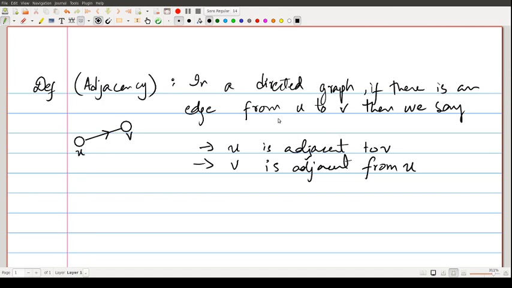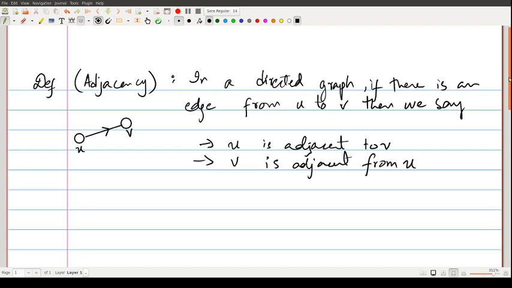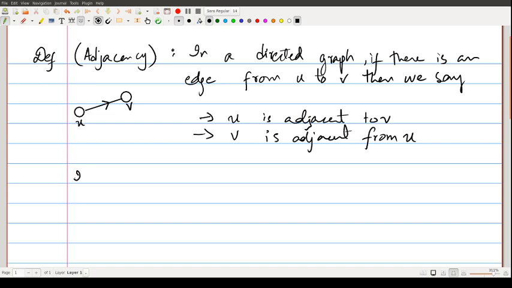Okay, the next thing is, in a directed graph, sorry about that.